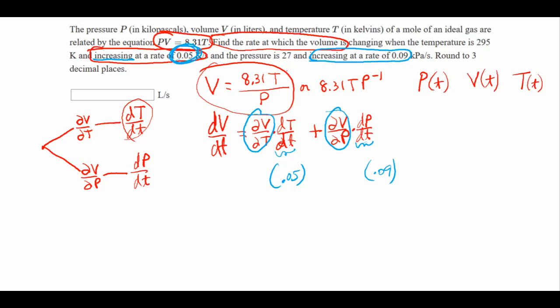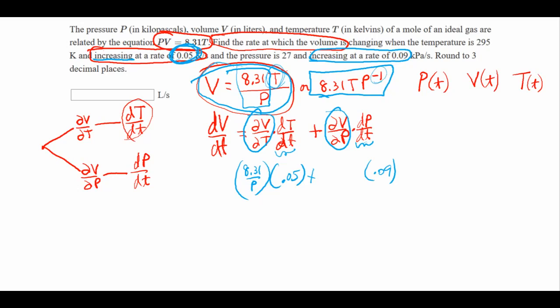Okay, so now we need the derivative of V with respect to T. Now here is our formula. Since T is in the top, it's just this constant times T. So the derivative would be the constant, which in this case would be the 8.31 over P. To do the derivative of V with respect to P, we'll come over to this one and use the power rule.